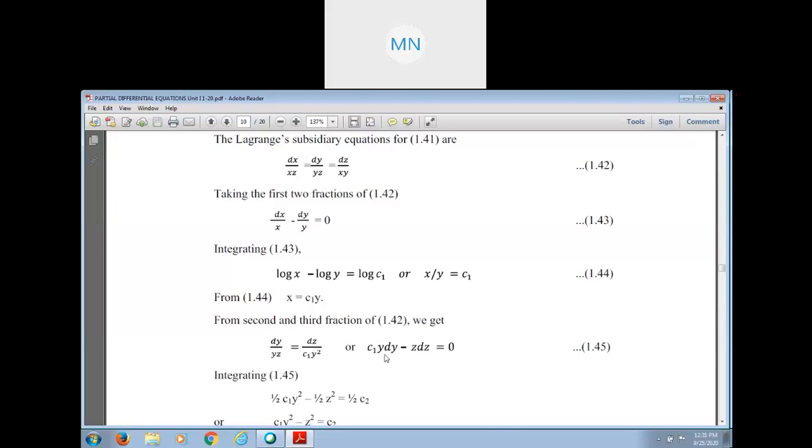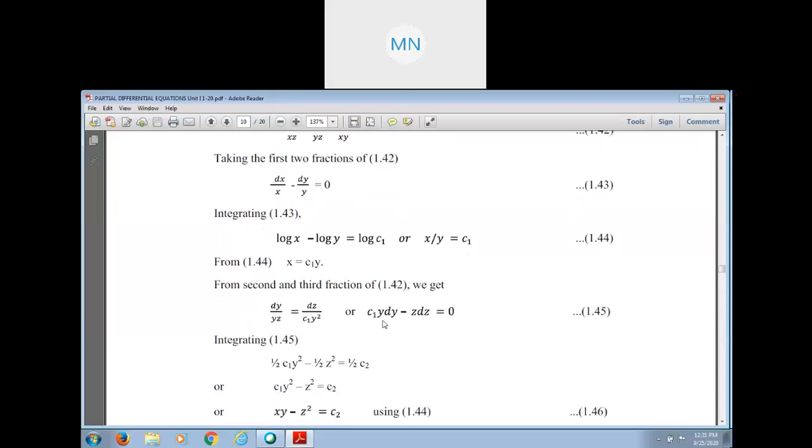After that we get c1y dy and z dz. Now it is easy to integrate.